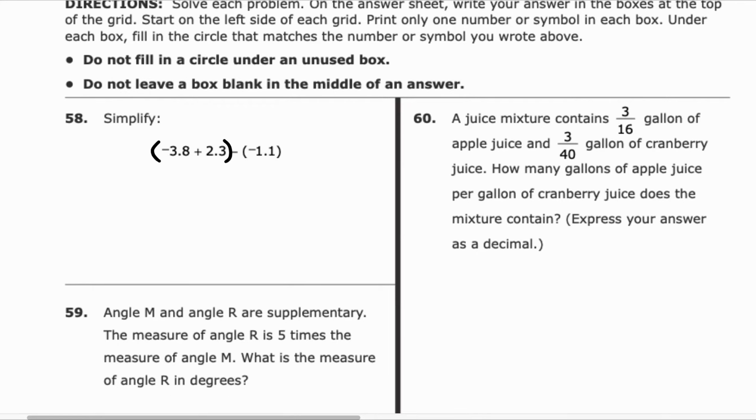Okay, so first we're being asked to simplify this expression. The way that we're going to do this is we know that negative 3.8 is the larger number. So first we're going to look at these two terms and then we can bring in the negative 1.1.